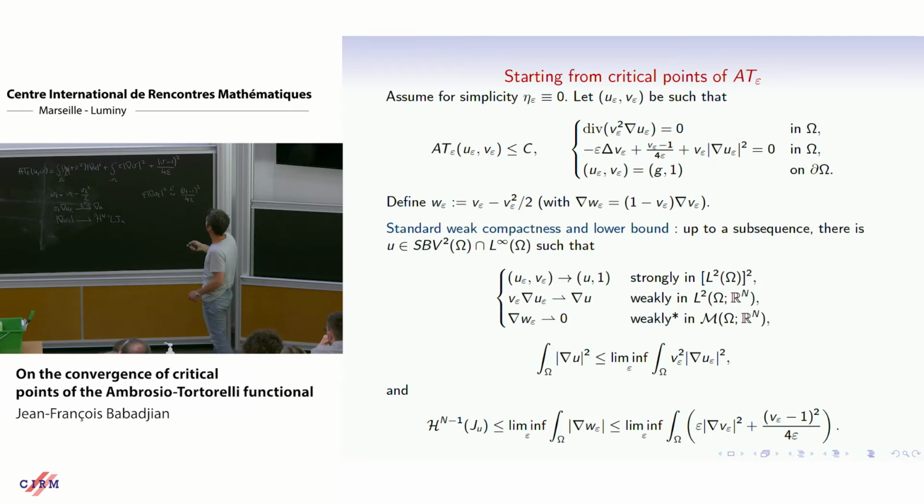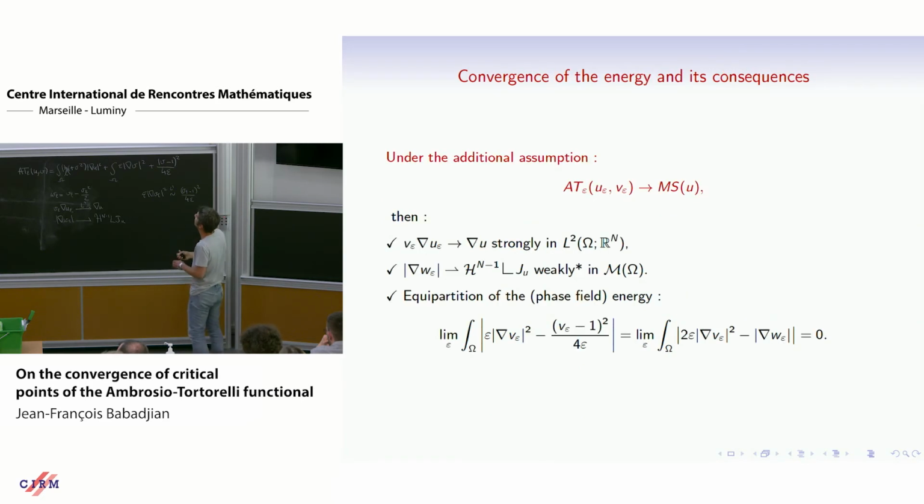And in addition, since the grad of W epsilon consists in 2ab, it gives you, in addition, that the gradient of W epsilon, again in the L1 sense, should be equivalent to 2 epsilon grad V epsilon. Okay, so this is the equipartition of the energy.